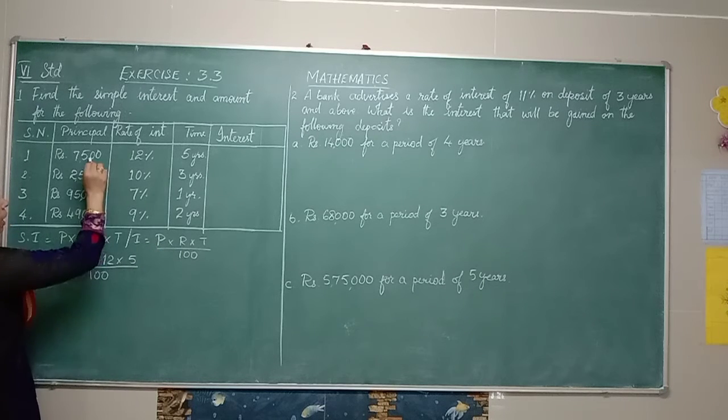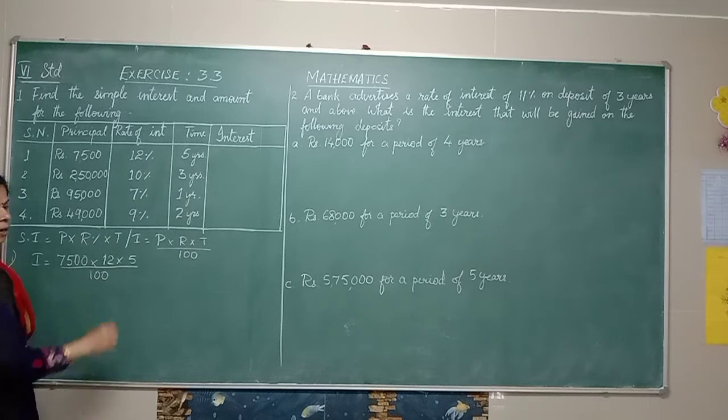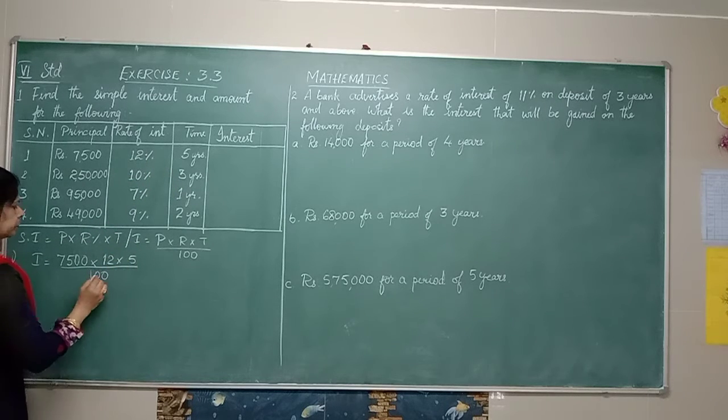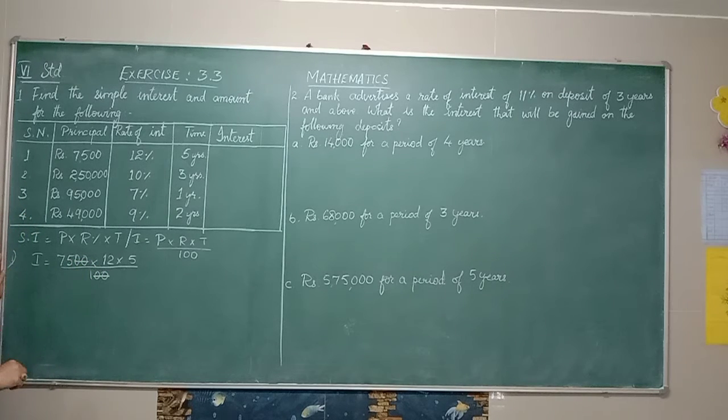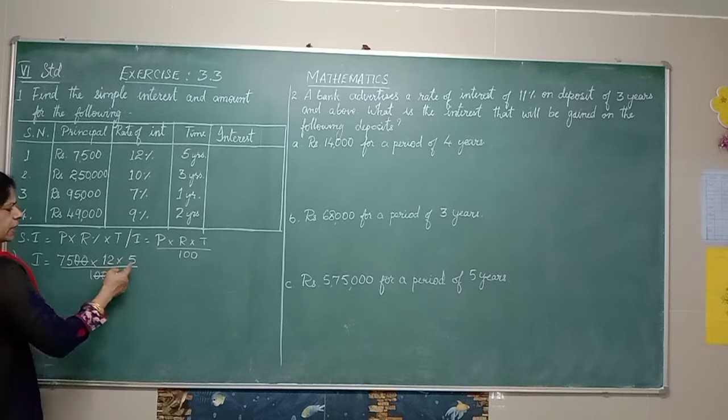So 7,500 into 12 into 5 divided by 100. Now we have to calculate. 2 zeros cancel, 2 zeros cancel. What is remaining? 75 into 12 into 5. We already know 12 into 5 is 60.